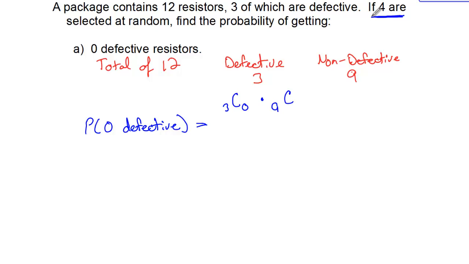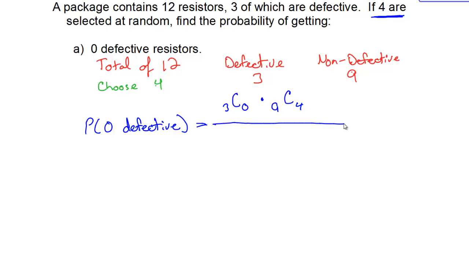So if I chose 0 from the first group, I have to choose all 4 of them from the non-defective group. These two numbers, my r's, must add up to my total that I'm choosing, which is 4.